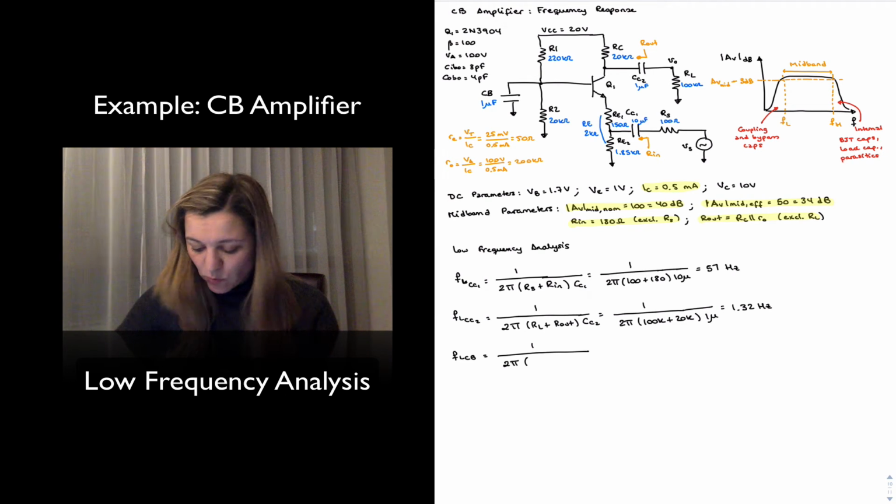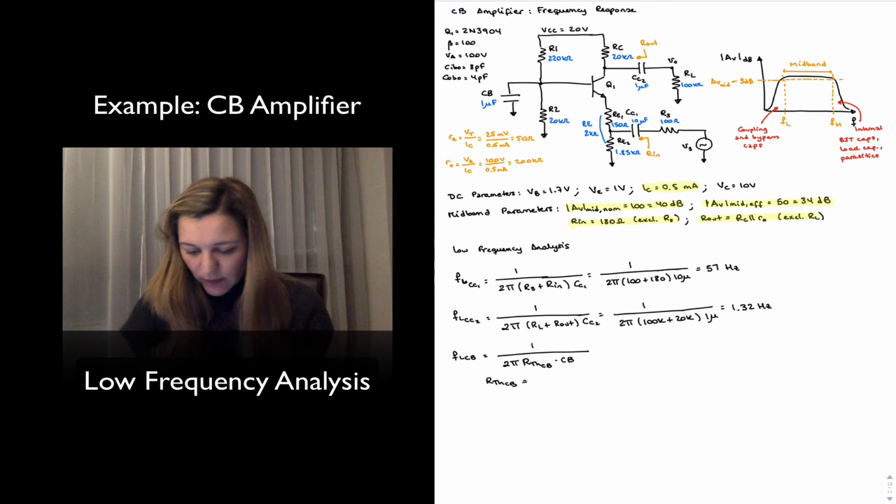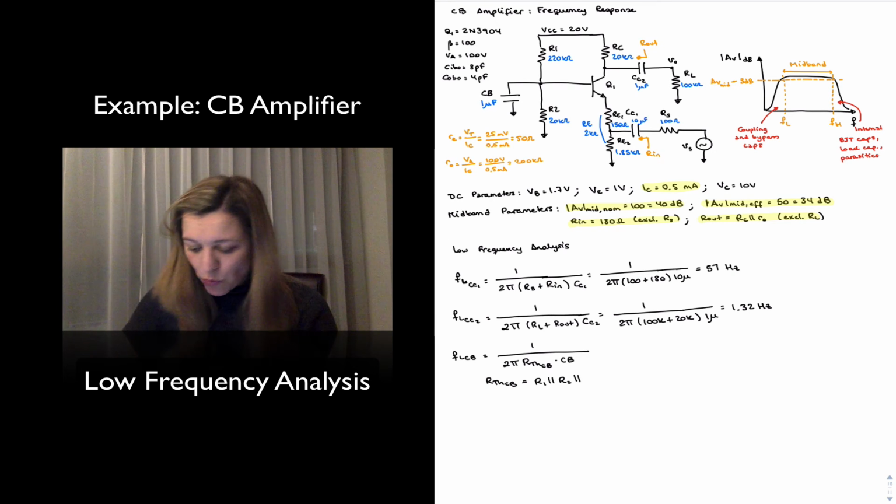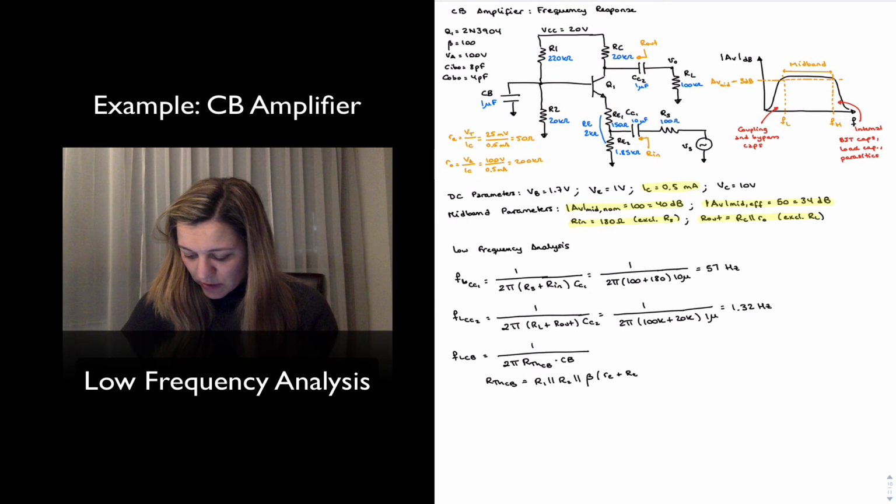On the other side, since we haven't calculated it before, I'm just going to express it as R Thevenin across CB times CB, and then I will calculate R Thevenin across CB separately. It's going to be R1 in parallel with R2, in parallel with the resistance looking into the base of Q1, which is going to be beta times little re plus RE1.